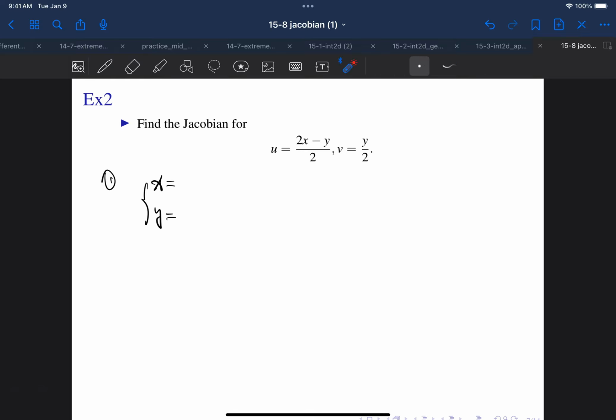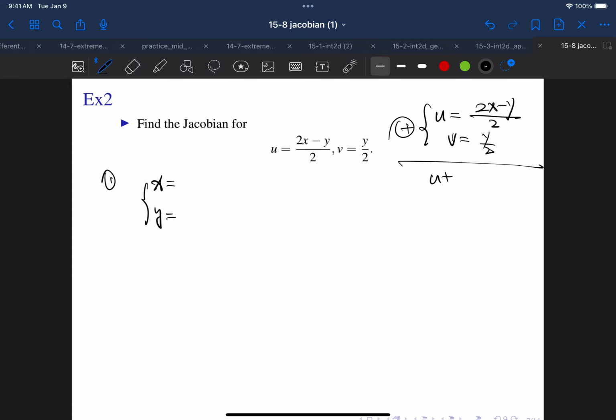Maybe we can simply add these: u equals 2x minus y, v equals 1 half y. If you add them together, then u plus v equals just x. In other words, x is u plus v. And from the second equation, multiply both sides by 2, and y equals 2v.